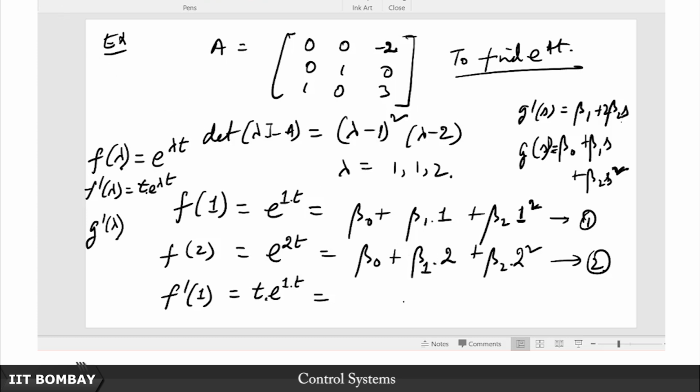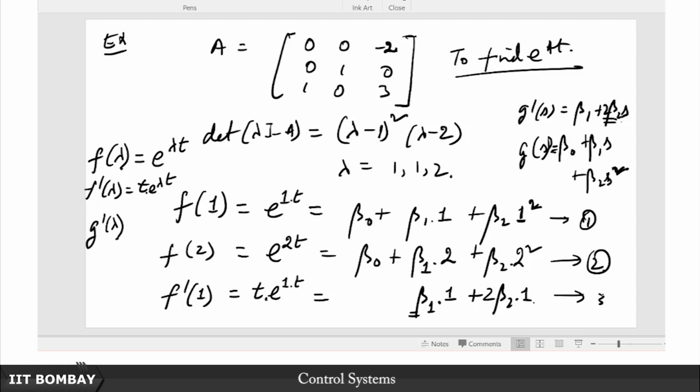So then this 2 beta 1 is appearing because of this derivative term here. And this again is due to the eigenvalue 1, because we are evaluating at 1. Sorry, it's beta 1 plus 2 beta 2 times 1.